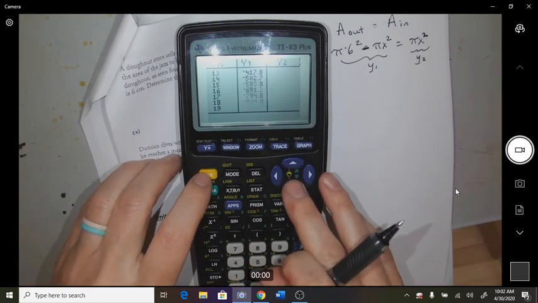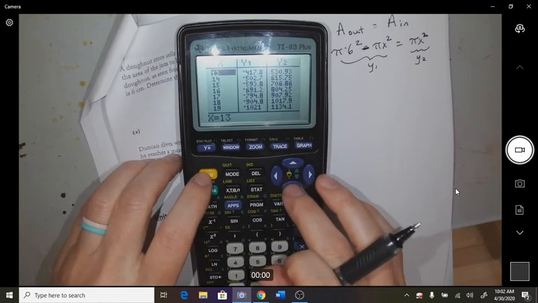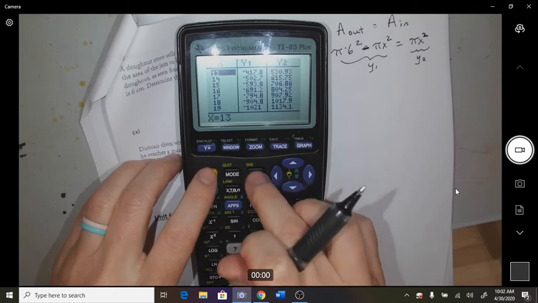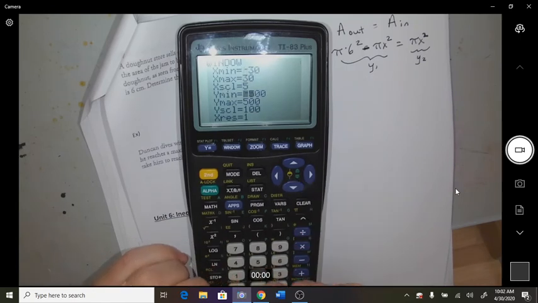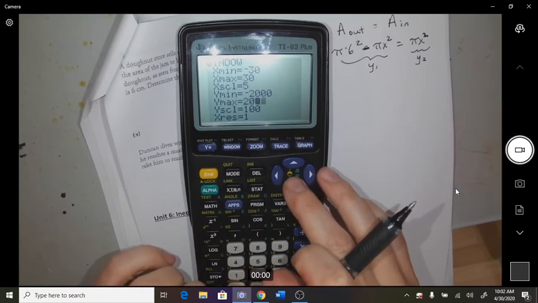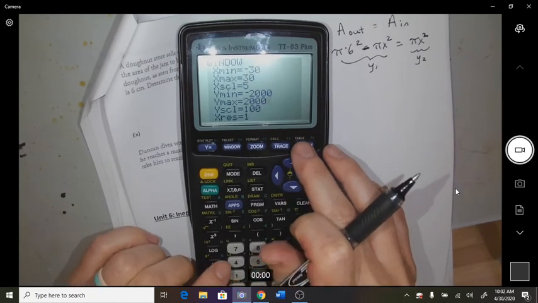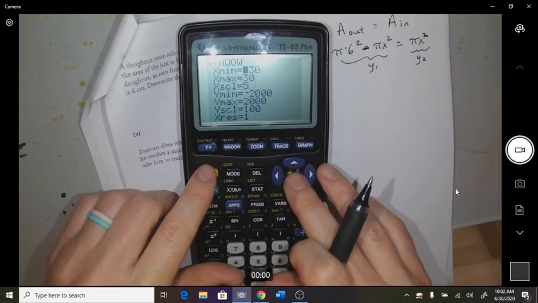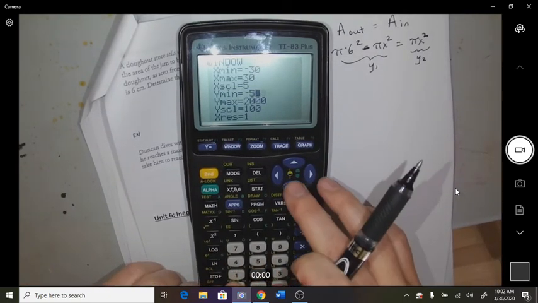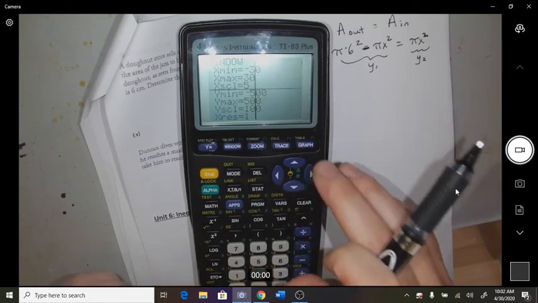Let's look at our table. Oh man, what do we want to do here? 2000. We'll just go negative 2000 to 2000, see what happens. Okay, we do have some intersections, so I'm not going to go as high as I did so I can see them better.